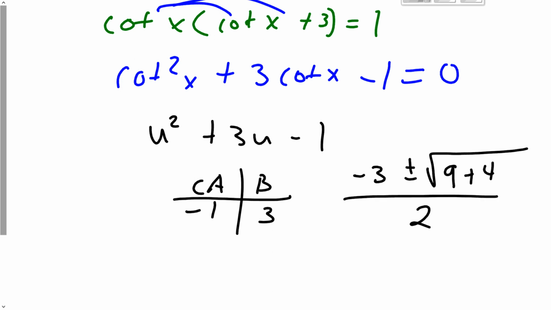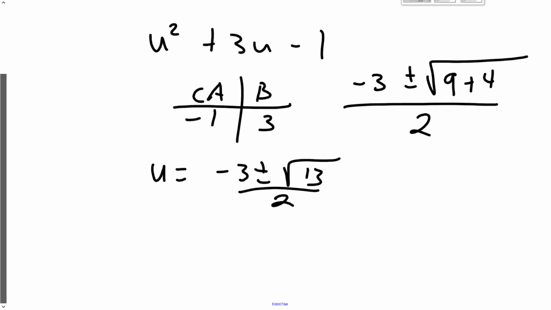So then our u would equal negative 3 plus or minus the square root of 13, all over 2. And then we can go ahead and put that into our calculator and approximate it.